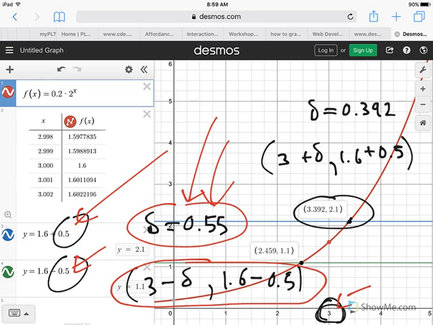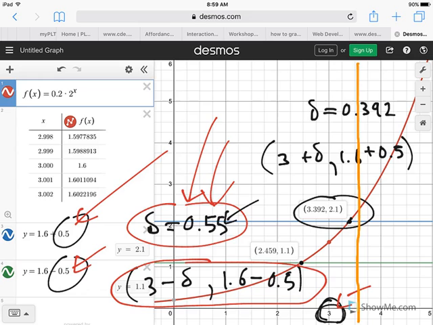That would only be true to the left of 3, but not to the right of 3. Because if you add 0.55 to 3, then you will get 3.55. And where is the vertical line 3.55? I'm going to show you using gold. It would be about over here.